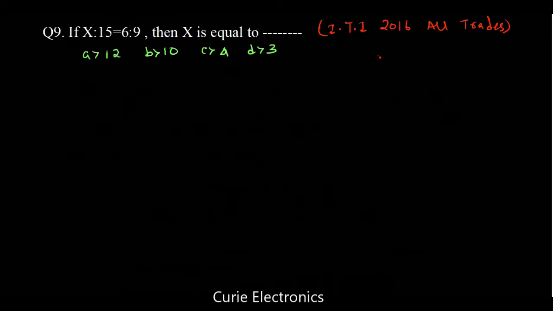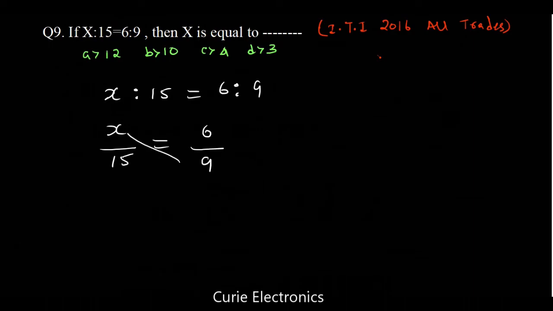Question number 9. If x is to 15 equal to 6 is to 9, then x is equal to what? He has given x is to 15 equal to 6 is to 9. So we will write this in a normal fraction. So x upon 15 equal 6 upon 9. Now what you have to do? Cross multiply.